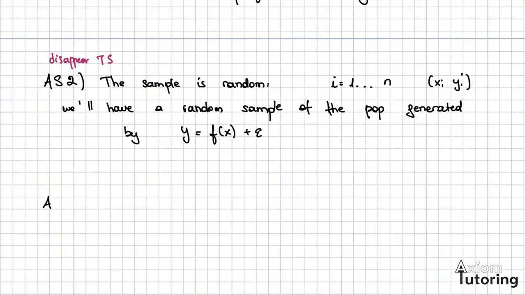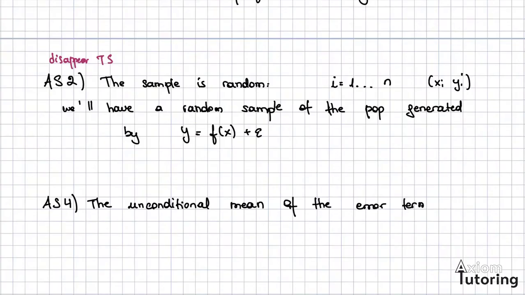The fourth assumption is that of the unconditional mean of the error term, and it says that the unconditional mean of the error term is 0.